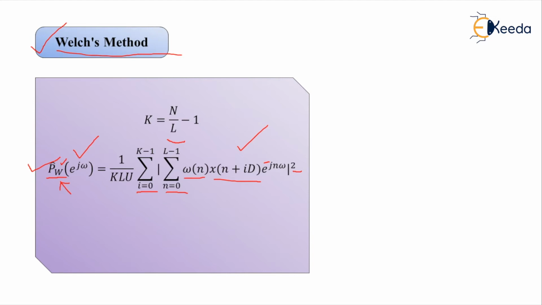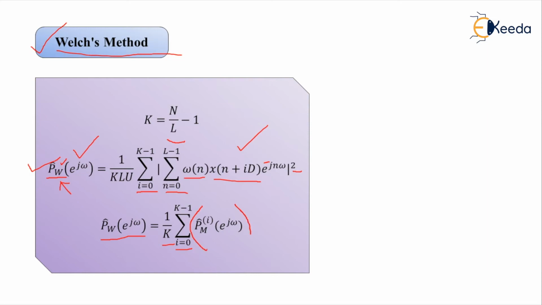Now, in terms of the modified periodograms, we can also express the Welch power spectrum estimation by this formulation. Here we have capital P cap suffix W as a function of e to the power j omega, computed by 1 upon K times the summation, with the index variable I ranging from 0 to capital K minus 1, and here we have the substitution.